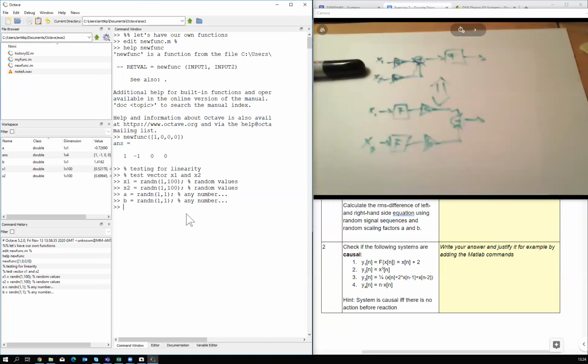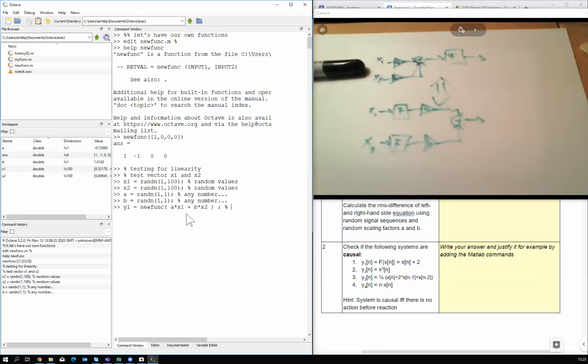We have output y1 equals the function of a times x1 plus b times x2.